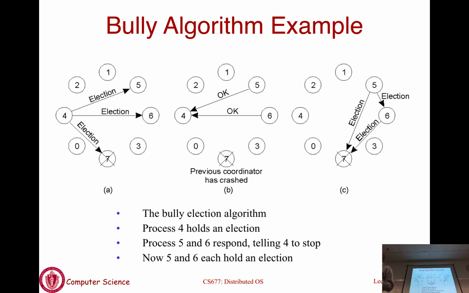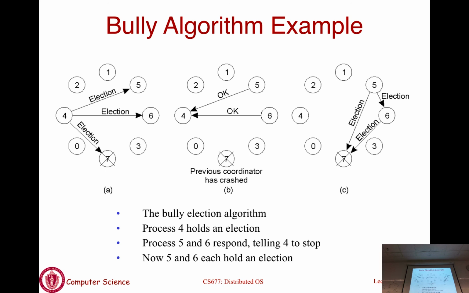Okay. As we said, any process can run an election. If 7 comes back and says I used to be the coordinator before the crash and now 6 is the leader, it is going to start an election. Okay, and it is going to win because there is no higher ID process, and it can then bully 6 out saying you are no longer the leader. So yes, any process that rejoins can reinitiate an election.